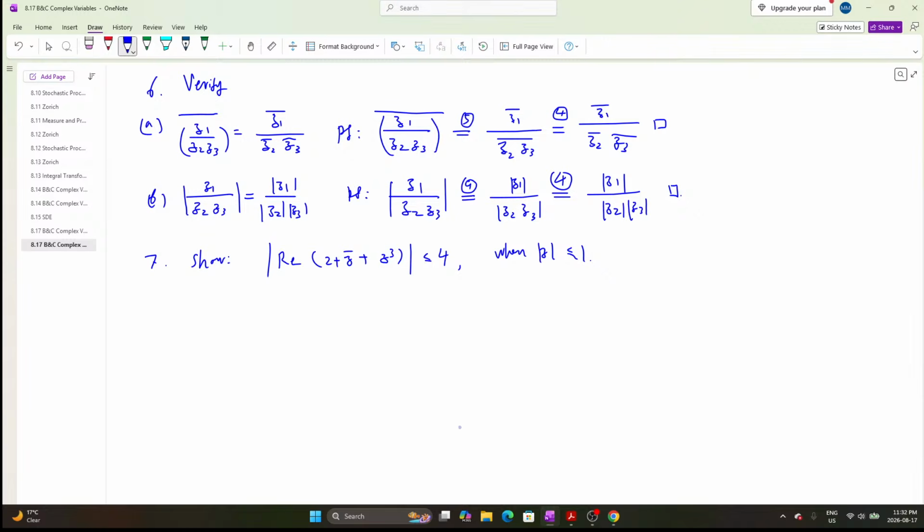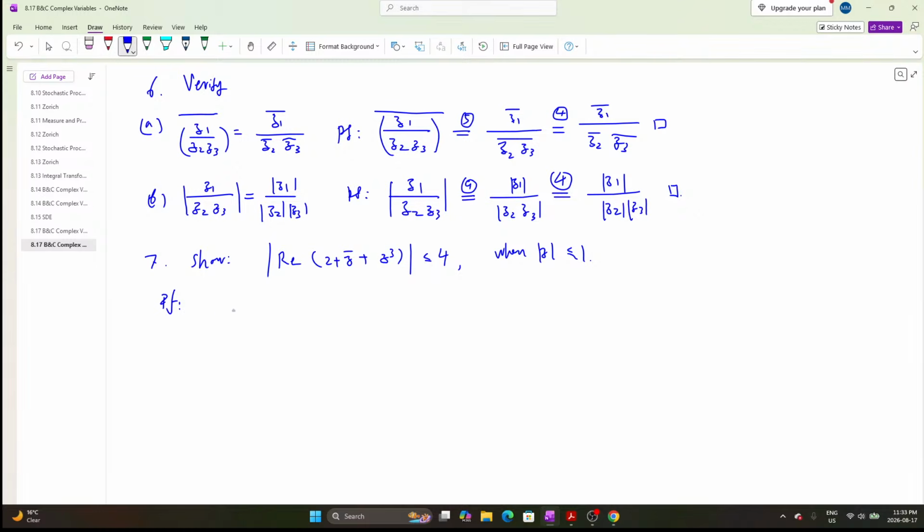So you see, I was trying to cultivate the habit, or the preference, of not immediately writing z equals x plus iy every time you want to prove an identity or an inequality, because sometimes doing so isn't fun, isn't very illuminating and can be very complicated. Instead, try to work with z and z bar directly. That's the preference here.